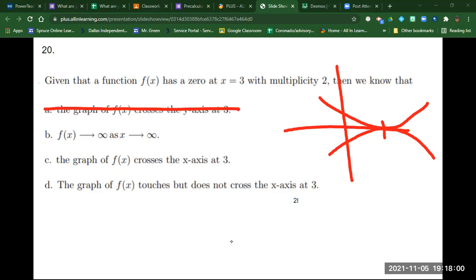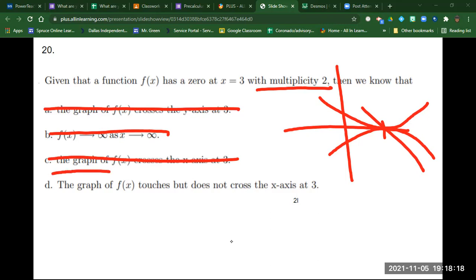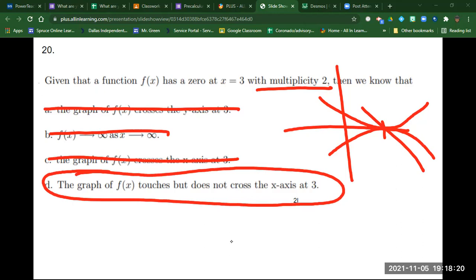So we don't know this for sure. The graph of f of x crosses the x-axis at 3. Well, that's a big no, because you can't have a multiplicity 2 if it's going through. So the only thing you got, it touches but does not cross the x-axis at 3. That's the only reason you're going to have a bounce.